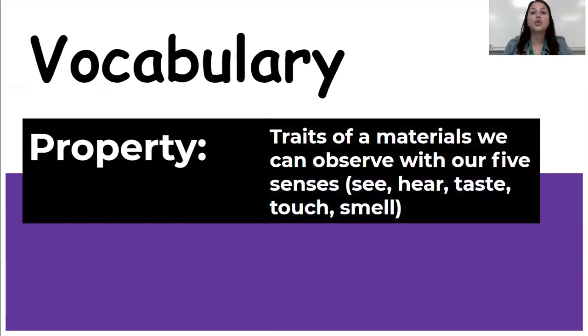Property means traits of a material that we can observe with our 5 senses, which is sight, hearing, smelling, tasting, and touch. Now, there are a lot of things that I'm not going to use all of my senses to tell you about. If I was going to tell you about this material, plastic, I would not taste this, right?